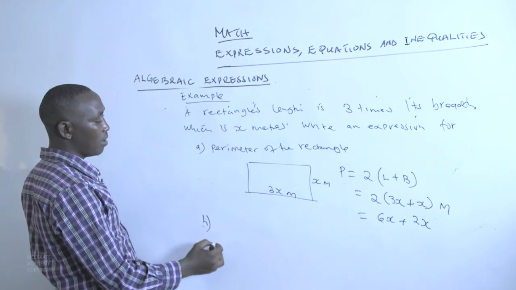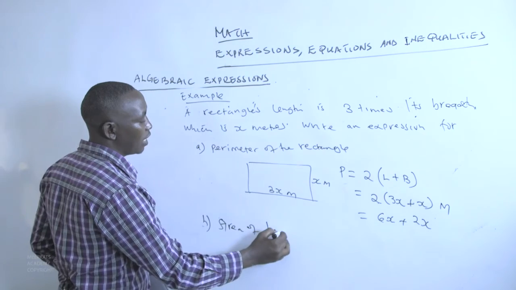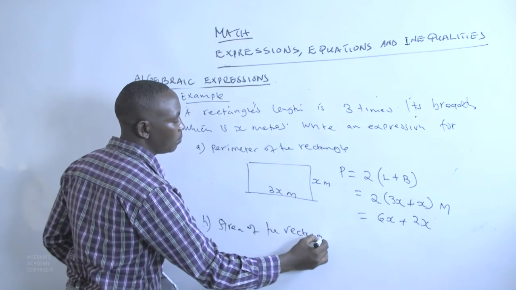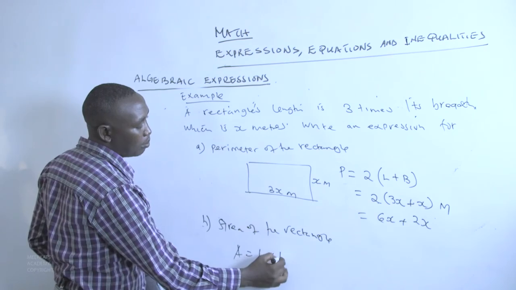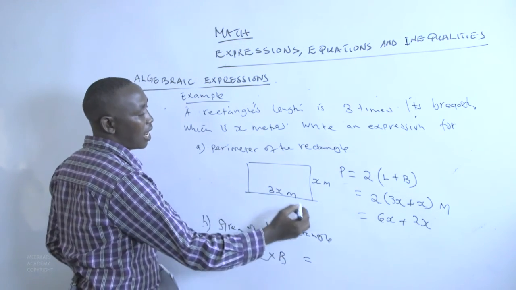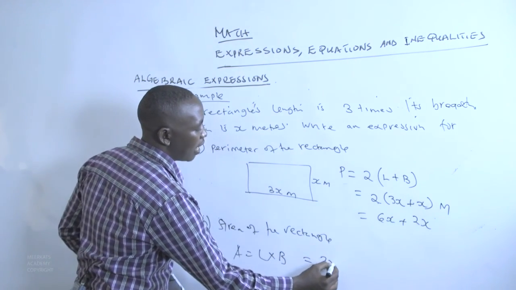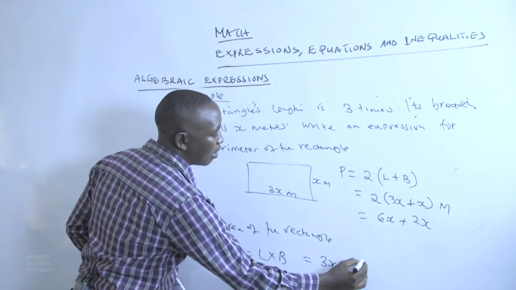Finally, B, area of the rectangle. Now, area is normally given by the length multiplied by the breadth. And in this case, our length is 3x meters and our breadth is x meters.